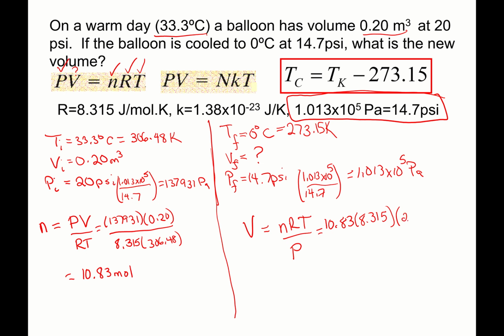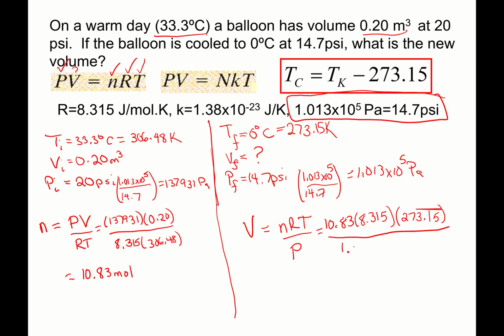is 273.15. Now, if you've done ideal gas law problems in chemistry, you probably use a different value for the universal gas constant R in terms of liters. So remember, if you're going to use the number for R that you used in chemistry, you have to put the volume in liters instead of cubic meters to get the right answer. Okay, and then let's see.